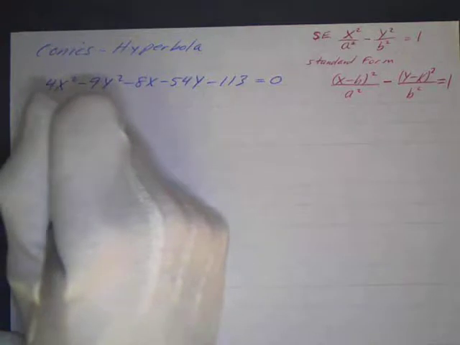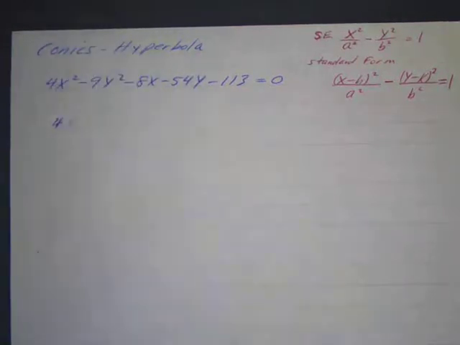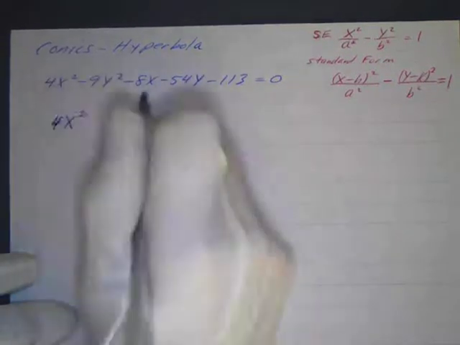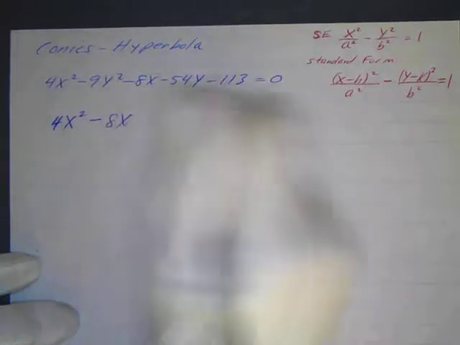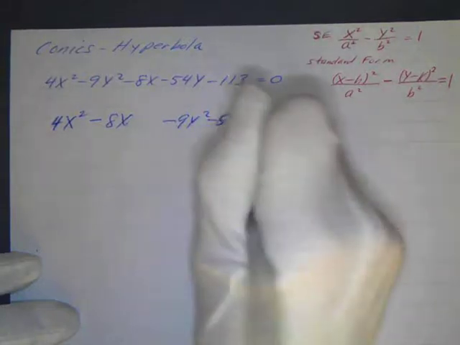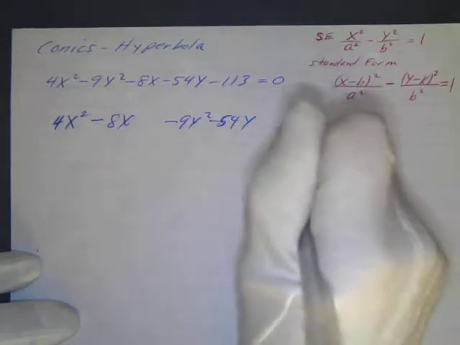I'll write 4x squared, then put the negative 8x next to that, leave a little space, and then put the negative 9y squared and the negative 54y, and I'm going to put the 113 on the other side, so that equals 113.